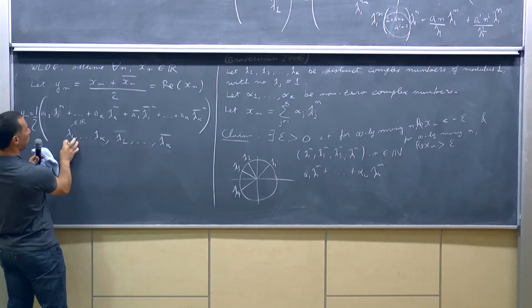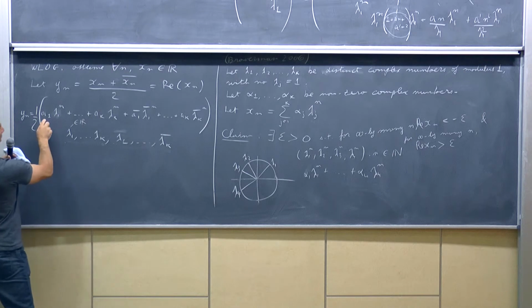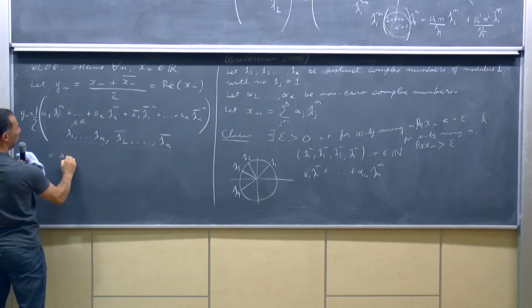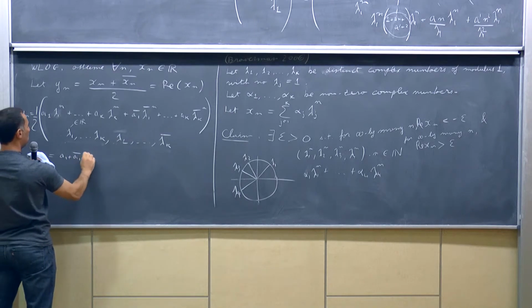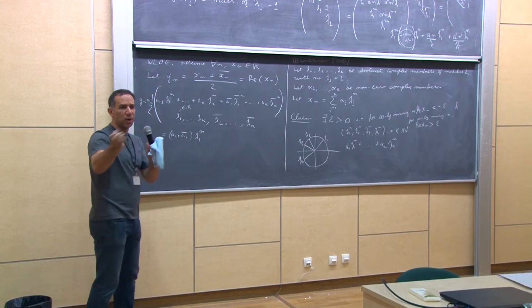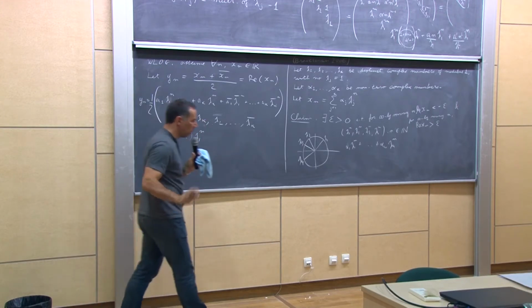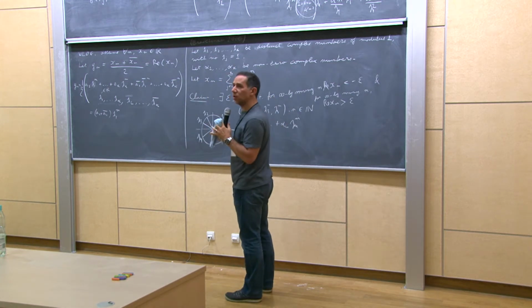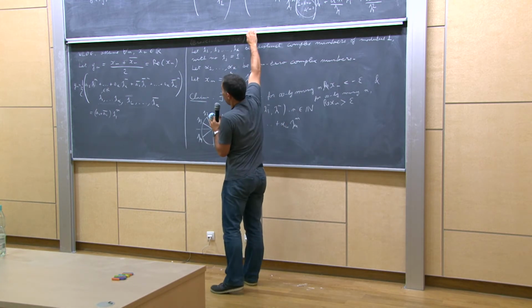But then I simply put those two together, a1 lambda 1 to the n, a1 bar, and I just write this as a1 plus a1 bar times lambda 1 to the n. And I've got one less, right? So I regroup and so on. So the yn satisfy the hypothesis, that's what I'm saying. So I can assume without loss of generality that I'm dealing with the reals. Okay.